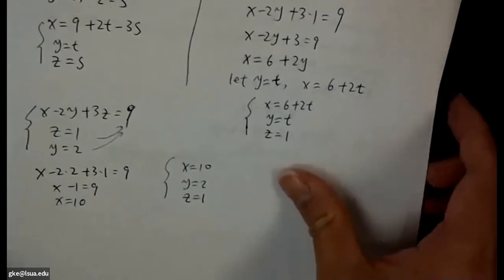Okay, that's it. Now I want to go back a little bit further because some of you may have forgotten college algebra. Let me give you a 2x2 linear system.